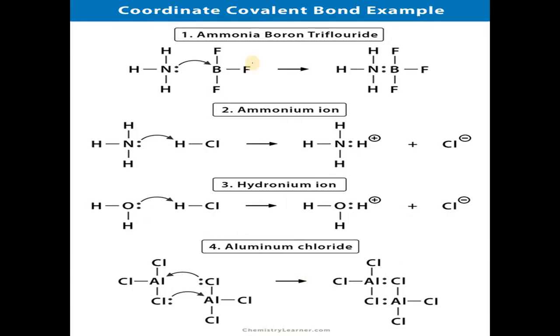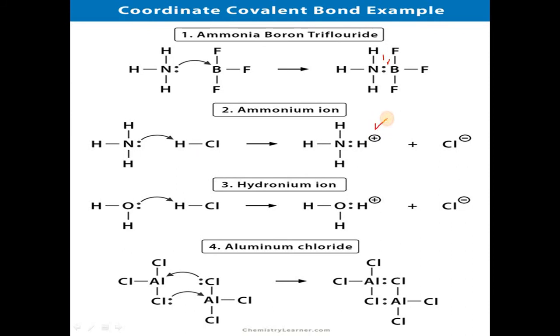There are other examples, that is, ammonia and boron trifluoride. Ammonia gives its lone pair to BF3, which is the acceptor, and we get a coordinate type of bond. Similarly, ammonium ion is formed by ammonia giving its lone pair to the H plus ion.